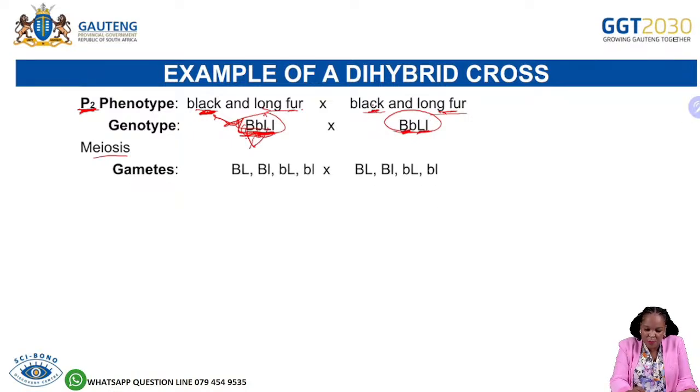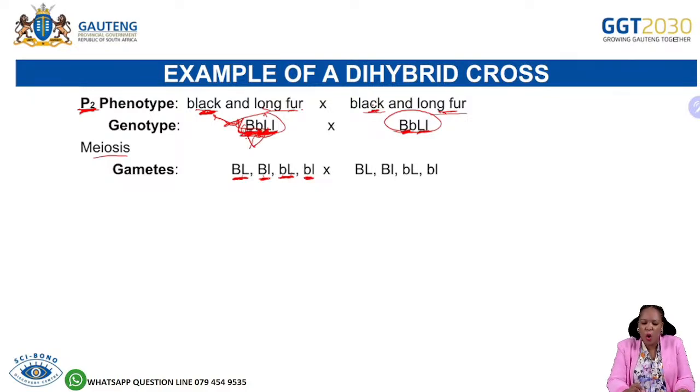This first B with the first L, first B, first L, gives you BL. First B with the second L gives you B with a small letter l. Second B with the first L gives you small b with big letter L. Second b with the second l gives you small letter b with small letter l.